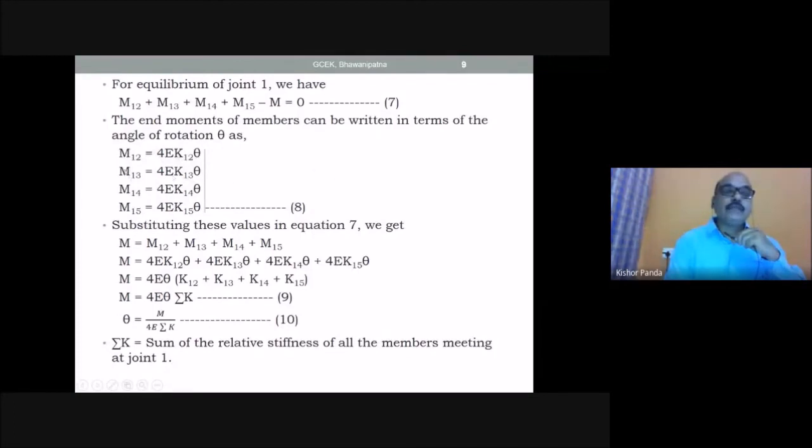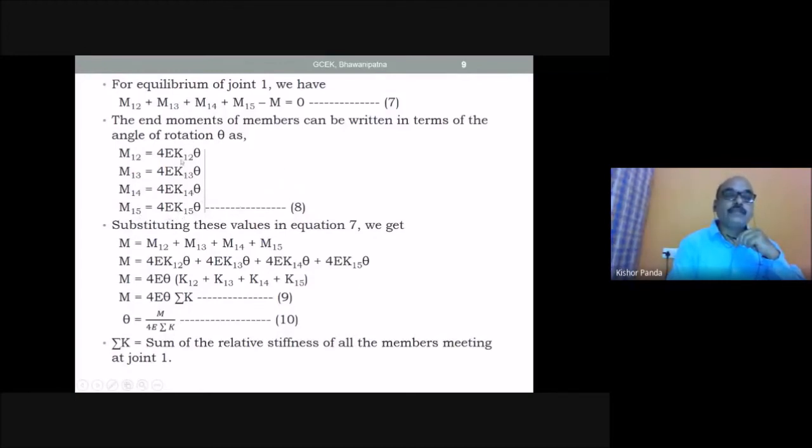Similarly, M13 is equal to 4E K13 θ, where K13 is I13/L13. Then M14 is 4E K14 θ, where K14 is I14/L14. M15 is equal to 4E K15 θ, where K15 is I15/L15.